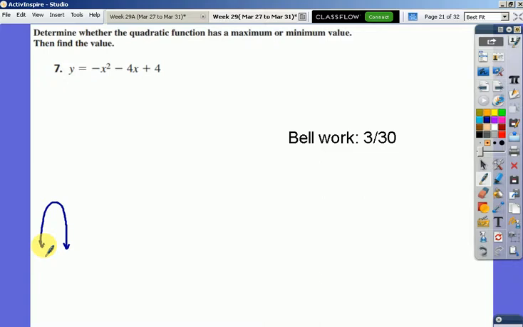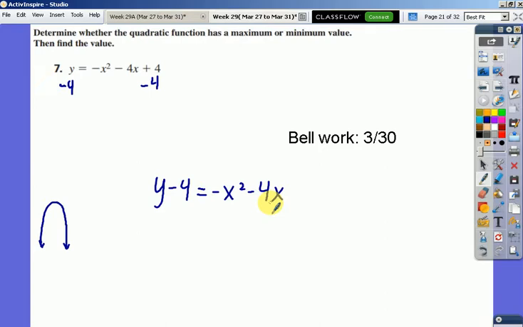So, what do we do first to get into vertex form? Subtract 4, right. So if I subtract 4 on both sides, then I end up with y minus 4 equals negative x squared minus 4x.